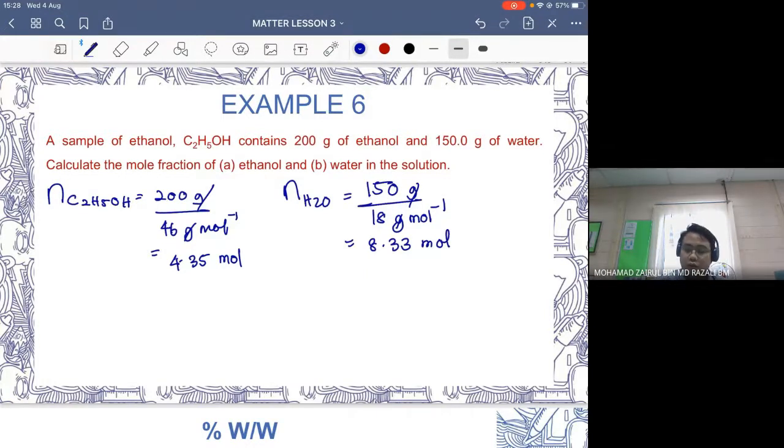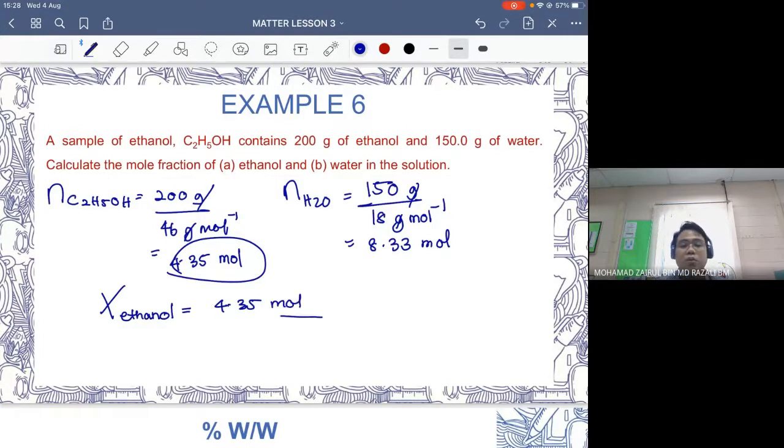So in order to find the mole fraction of ethanol, we need to take the mole of ethanol, which is 4.35 mole over total mole of all component. So 4.35 plus 8.33 mole. Mole fraction ada unit tak?